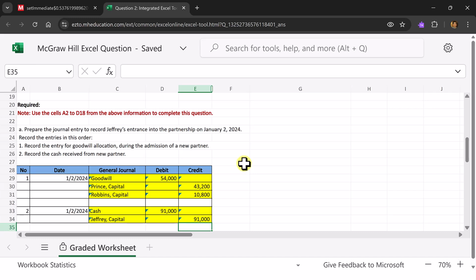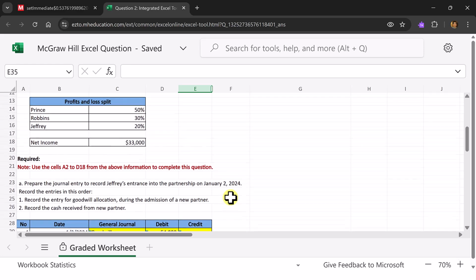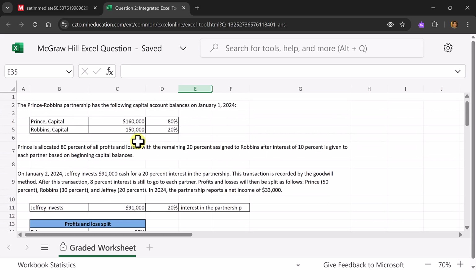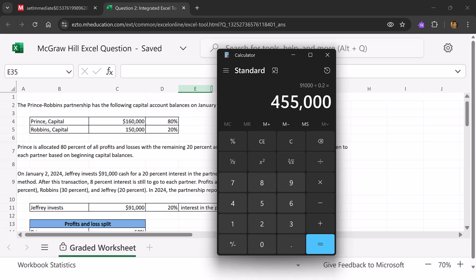my calculations. So remember all the assets we have now? We have the existing assets equal to the existing capital. Let me use my calculator. That's 160,000 plus 150,000. Okay, that's the existing assets. Now, what new assets do we have?